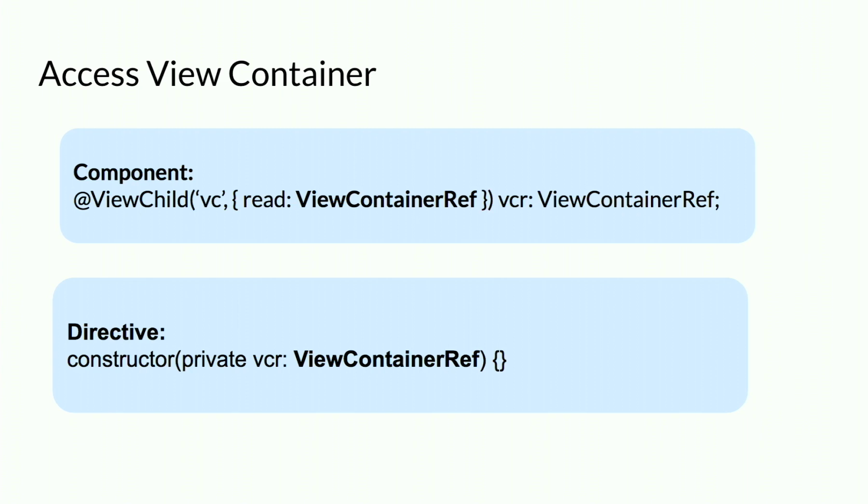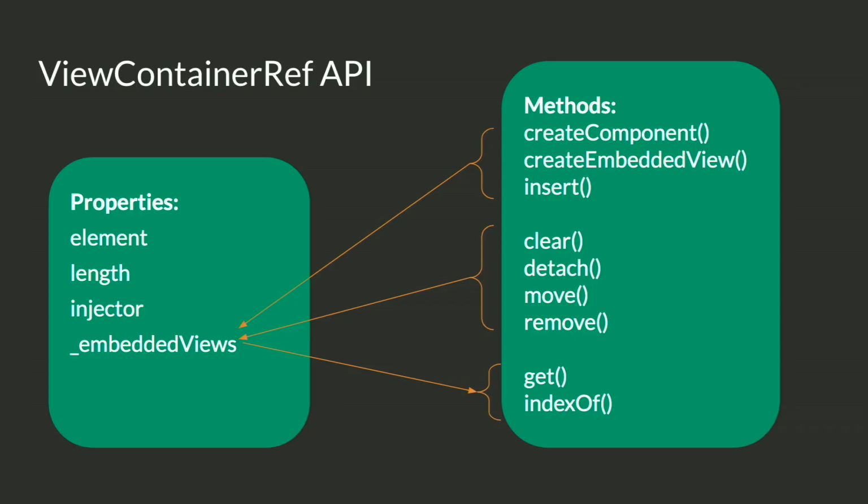Or from a directive we can use dependency injection. And this will give an instance of the ViewContainerRef API, which will have properties, where the element will be the anchor element. The length initially will be 0.